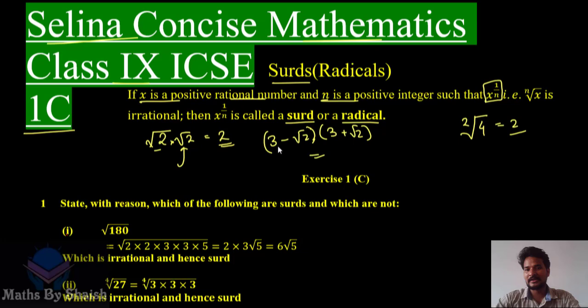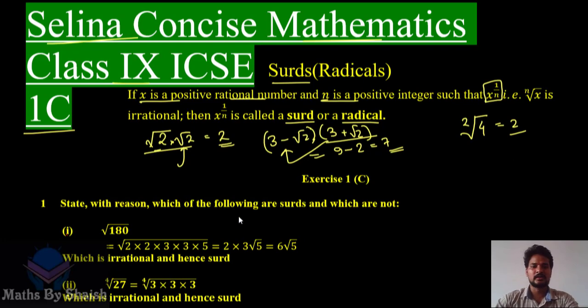If we multiply by this, we will use the identity a square minus b square, we will get 9 minus root 2 square, that is 2, it would make it 7, which is rational. So 3 plus root 2 is the rationalizing factor for 3 minus root 2. It's basically the same numbers, only the sign is different. And if it is a monomial, meaning only a single term, which makes it irrational, you multiply by the same number, meaning the rationalizing factor would be the same irrational number.